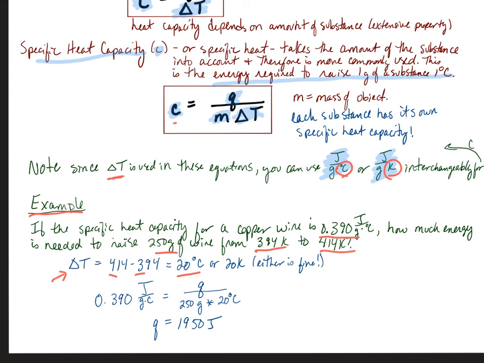That's going to be 20 degrees Celsius or Kelvin. You can use either one. And then you just plug things into the equation from above. So 0.390 is equal to Q divided by 250 grams times 20 Celsius. And that's how you find that Q is 1950 joules or 1.950 kilojoules. Either one of those is fine. Actually, it'd be 1.95 because we only have 3 sig figs here.